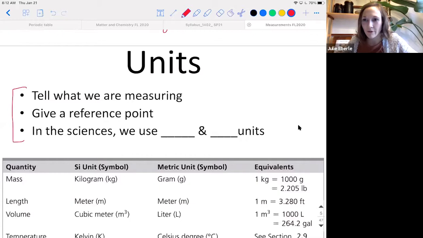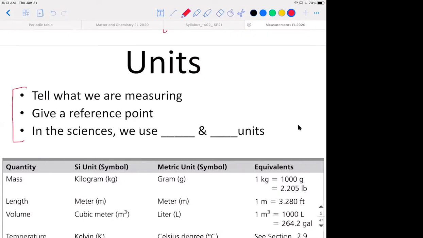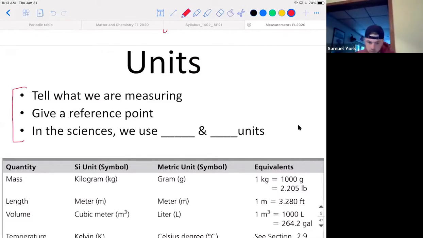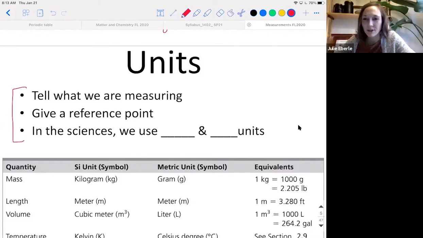Does anybody know roughly what room temperature is on the Celsius scale? Any guesses? Yeah, right around 18 to 20 degrees Celsius.